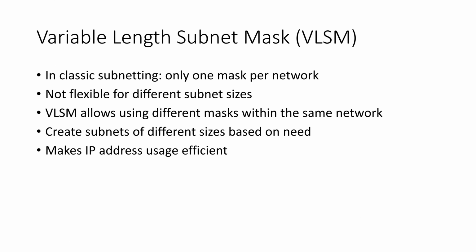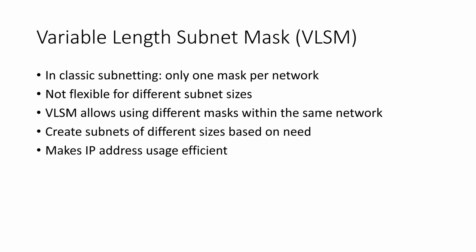In classic subnetting, once you decide on a subnet mask for a network, every subnet has to use the same mask, whether it needs a few hosts or 100. And this often leads to address wastage. And that is where variable length subnet masking or VLSM comes in. VLSM allows you to use different subnet masks within the same network block.